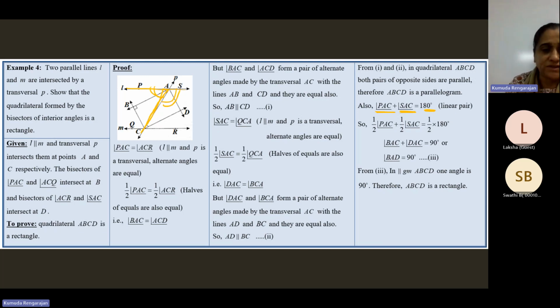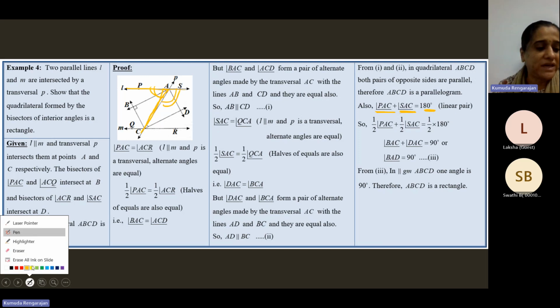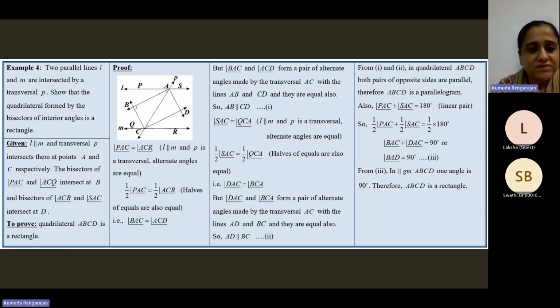So half of PAC plus half of SAC is equal to 180 by 2, which is 90. Now what is half of PAC? Since this angle is bisected, this angle is equal to this angle. So we'll write half of PAC as BAC.